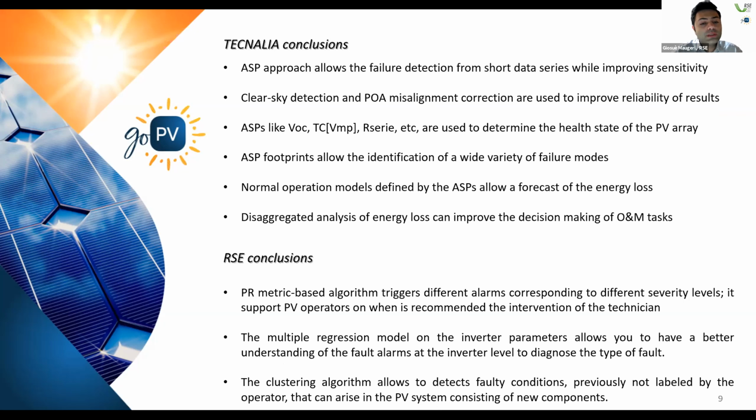While the multiple regression model on the main inverter parameters allows a better understanding of the alarm at inverter level and the diagnosis of the type of fault, the clustering algorithm allows detecting faulty conditions that previously were not labeled by the PV operator, that can arise in PV systems consisting of new components, new technologies, or new failure modes that previously were not characterized.